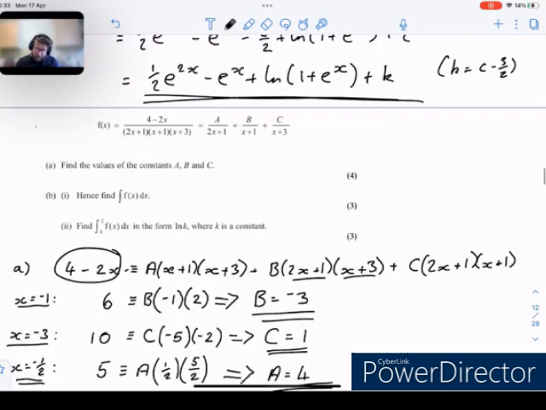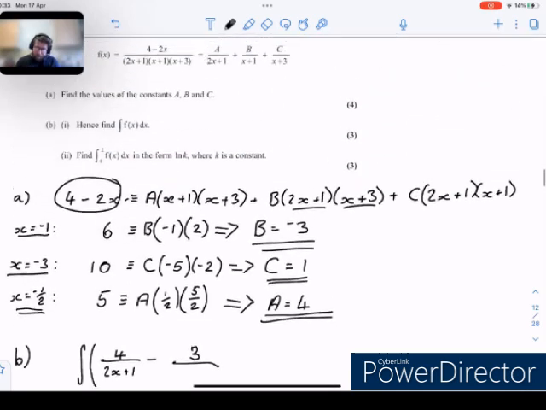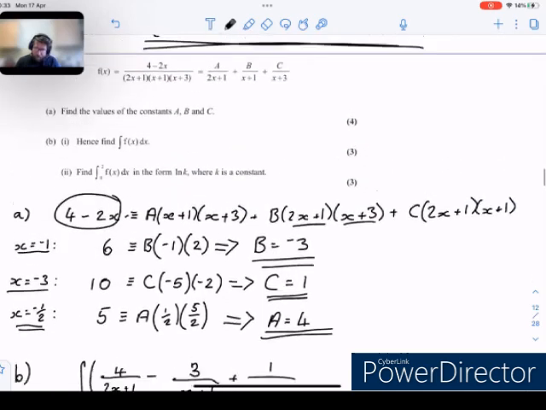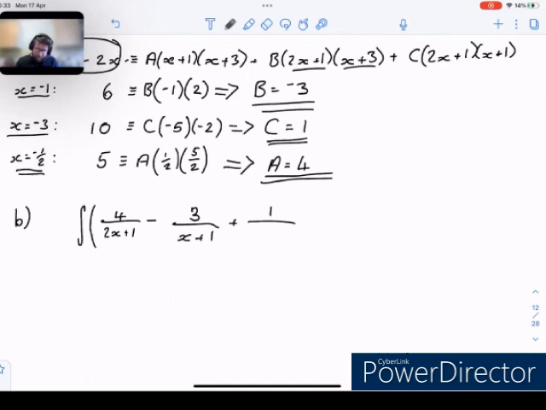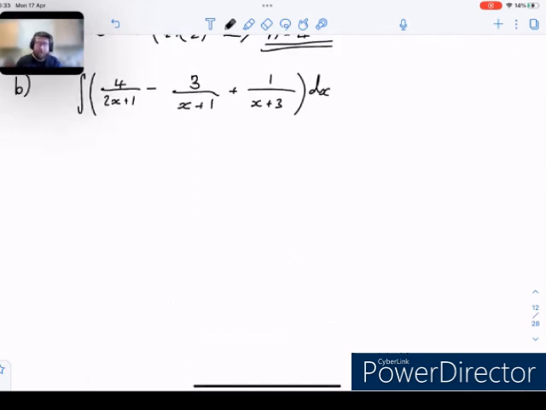So it's A over 2x plus 1, so it's 4 over 2x plus 1, sorry, plus B, so that's plus minus 3 over x plus 1, plus 1 over x plus 3. So that's the integral that we've been asked to do.